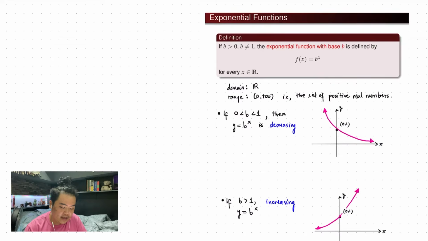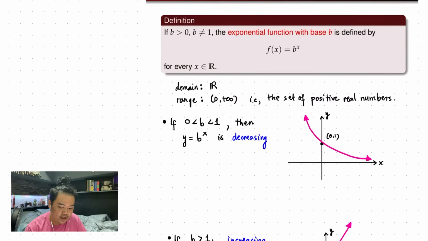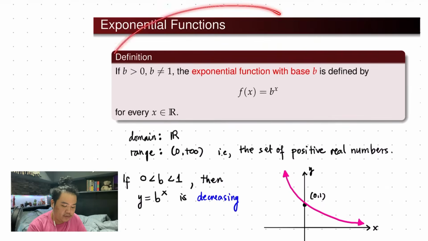And let us list down some properties of this exponential function. Okay, so sinulat ko lang ulit ito. And we say that this b raised to x is defined for every real number x. So meaning, the domain or the set of all permissible values of x is the set of real numbers. Walang bawal ipasok na x dyan.